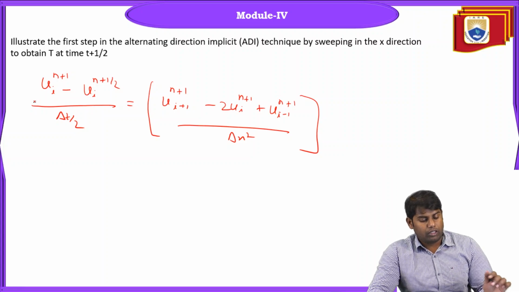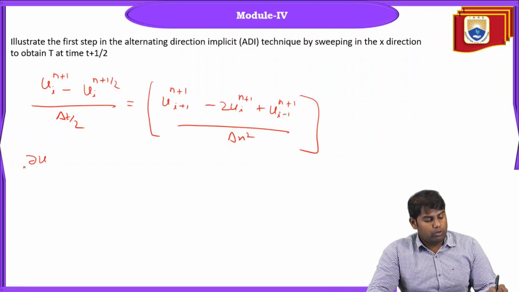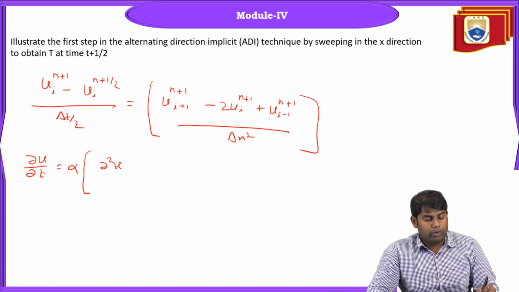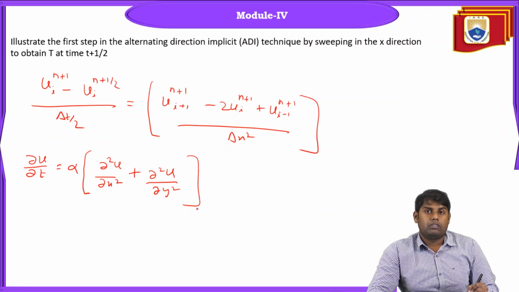Okay, we'll see the two-dimensional equation: ∂u/∂t = α (∂²u/∂x² + ∂²u/∂y²).